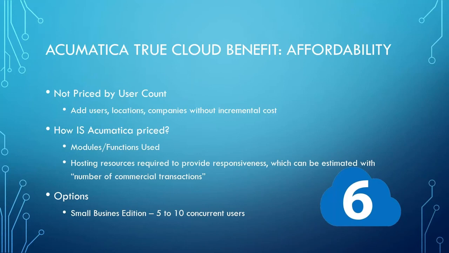And we estimate that with a number of commercial transactions. Number of commercial transactions is most commonly how many customer invoices you do in a month. That's usually the biggest number of transactions in a system. So with that, we're able to estimate what the resources are required to make a system run well for you. Because honestly, people logging in and just looking at data doesn't use much resources. That doesn't slow a system down. So we don't charge you for it.